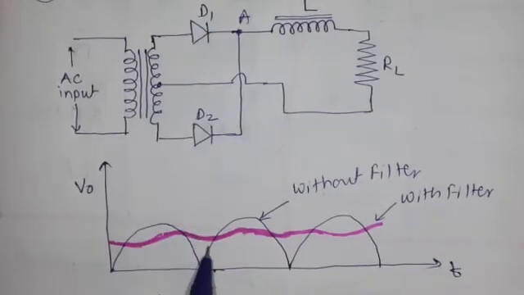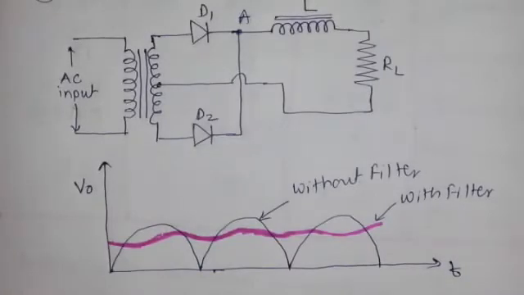In this way, small changes across the inductor take place, and the value of AC content is minimized by using this inductor filter.